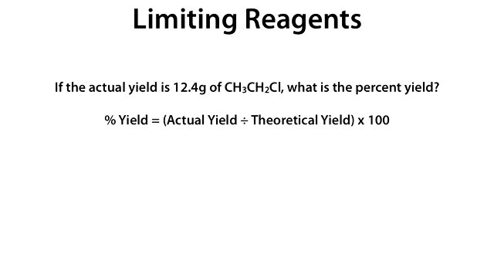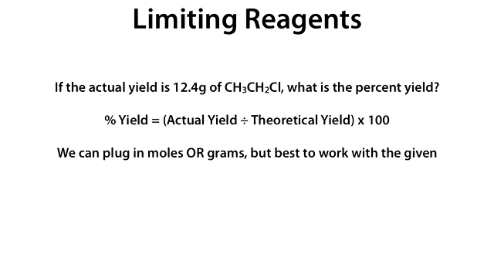The percent yield is equal to the actual yield divided by the theoretical yield times 100. We can plug in moles or grams as the actual and theoretical yield, but it's best to work with the given. In this case, we're given grams, so we're going to plug in grams, because it would be much easier than to convert everything back to moles.